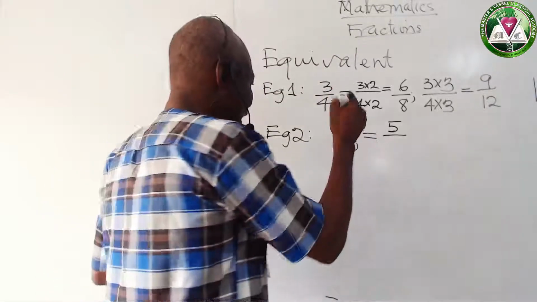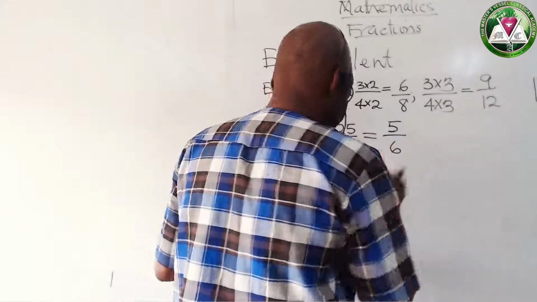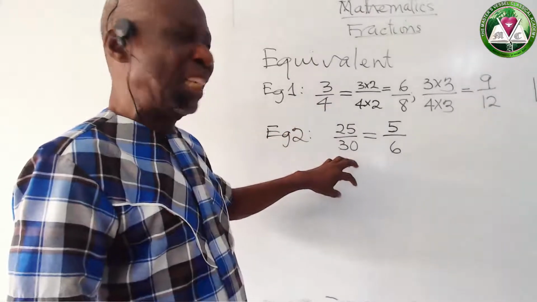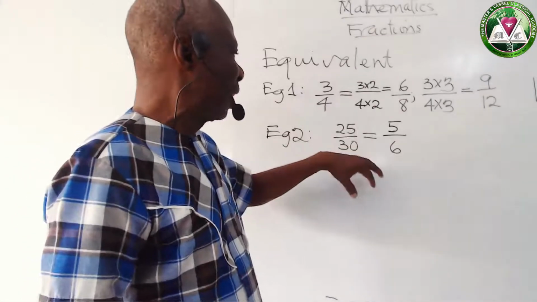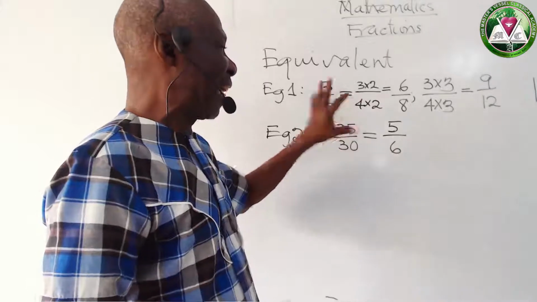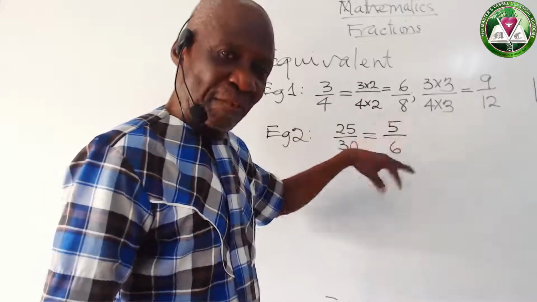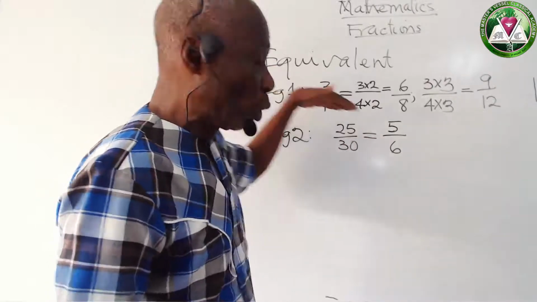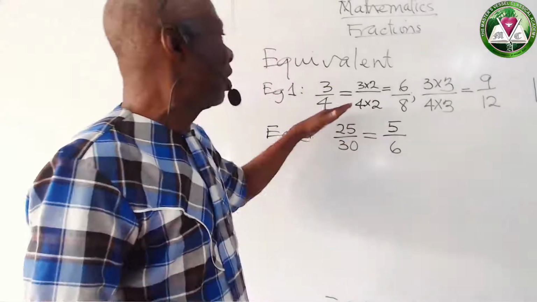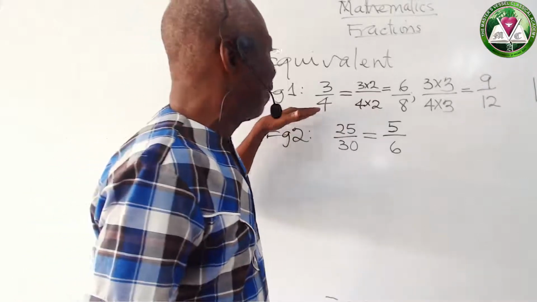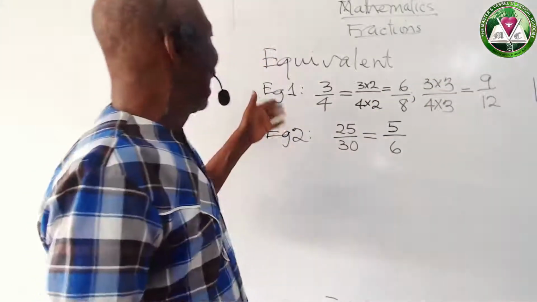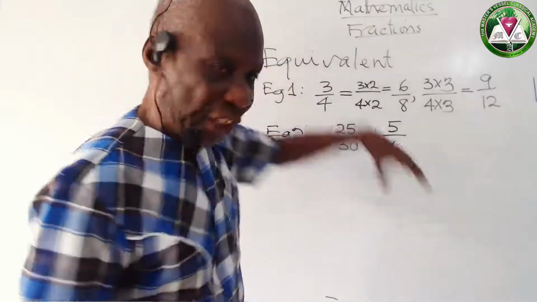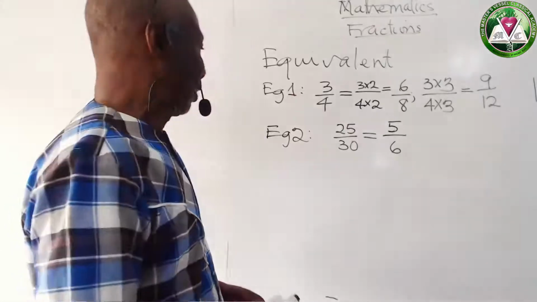If I divide the denominator by 5, that will give me 6. Therefore, 25 over 30 is equivalent to 5 over 6. Whereas the original fraction has higher numbers, the resulting final fraction has lower numbers. So it therefore means I'm moving from higher values to lower values. Whereas in the other case, I was moving from lower values to higher values.